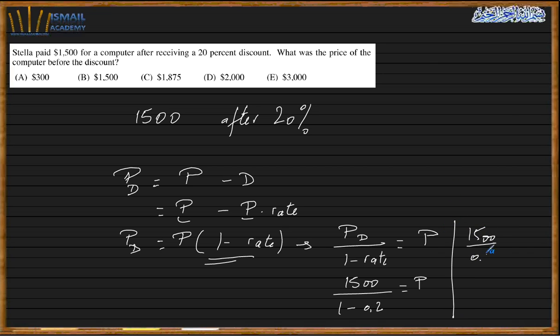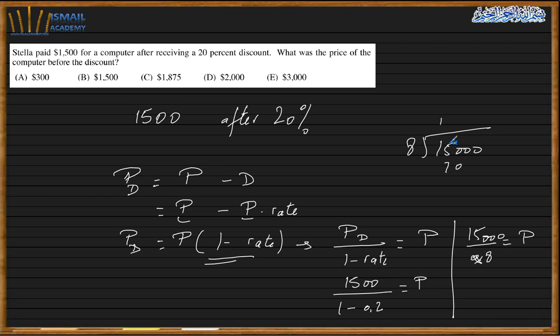So I will have 1500 over 0.8 equals the price. If I add a 0 here, I cancel the dot here. So it's like 15,000 divided by 8. So I will have 8 into 15,000. So it is 1, so we have 8, and I move 8 here.